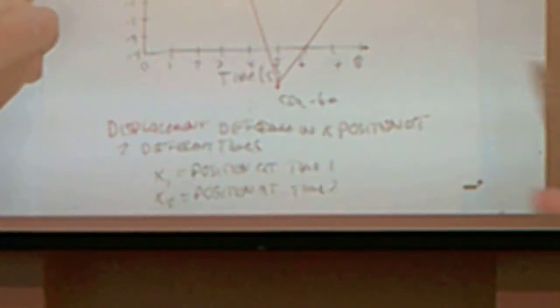So the second point, in this case, is going to be the third point, which has a position of -6, and the first point has a position of 0. The second point has a time of 5 seconds, and the first point has a time of 0 seconds. How do we calculate the average velocity then? What should we do?